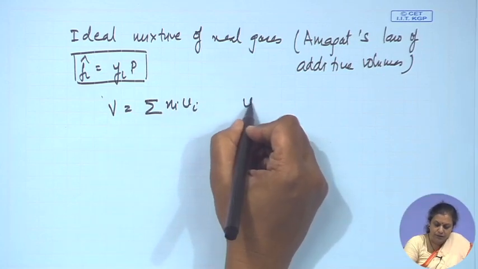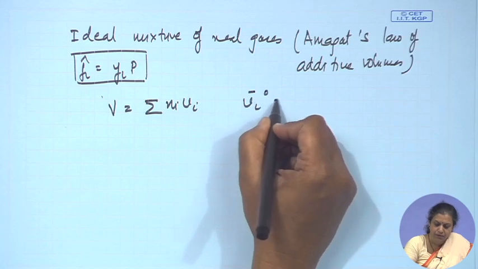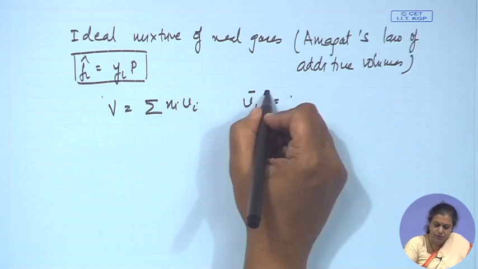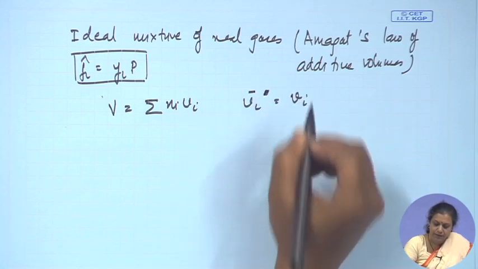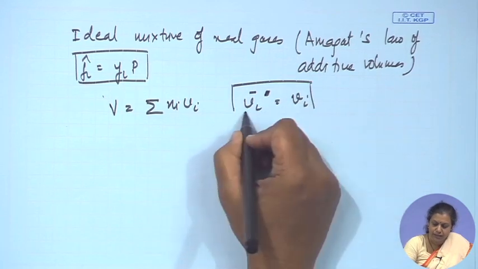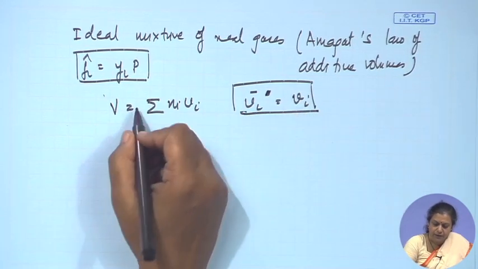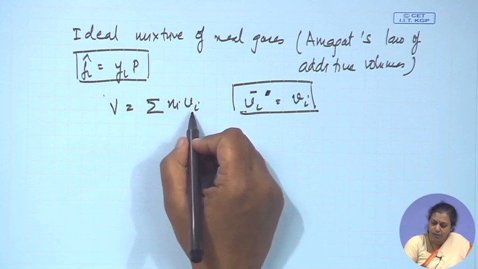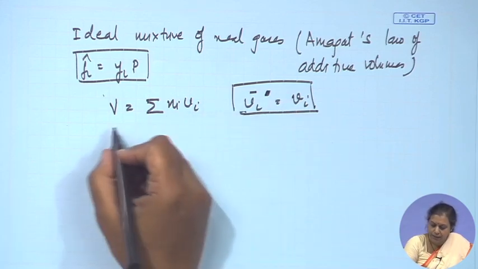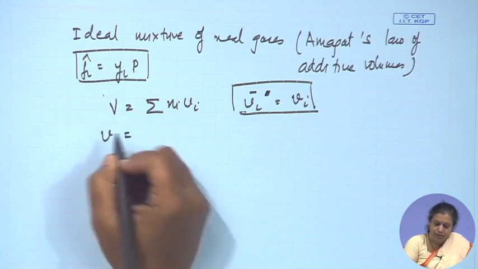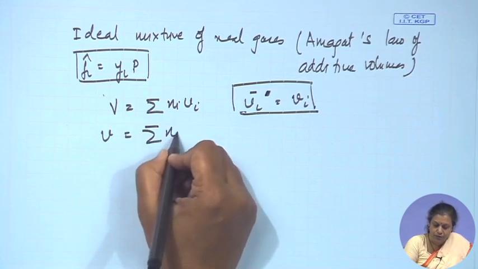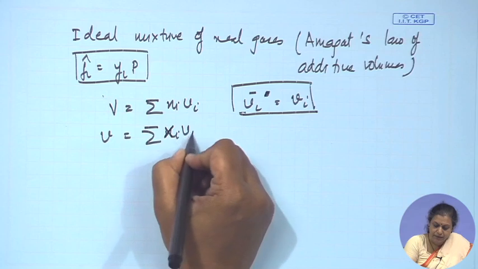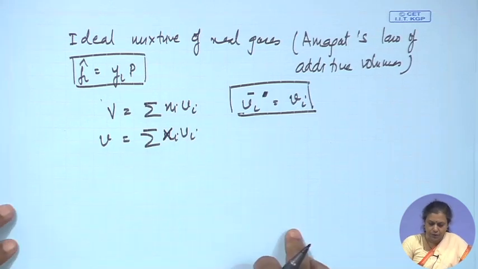Or in other words, we assume Vi bar, for a real gas, is equal to Vi. On this basis, we write down the total volume in terms of the molar volumes. This is what Amagat's law of additive volume states, or it states small v equals the sum of Xi Vi.